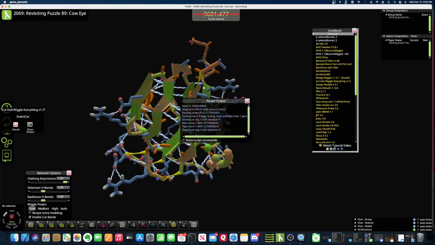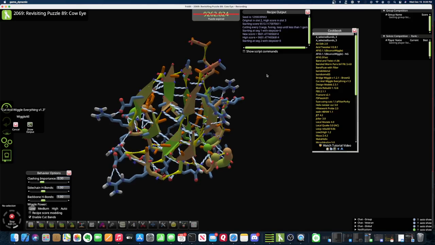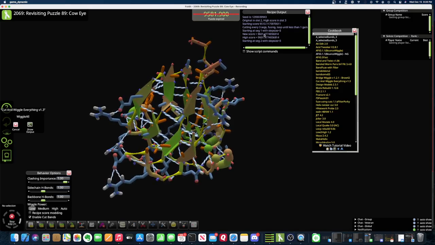Always look at the output of the recipe. Let's move that up here to keep it out of the way. What it did was show us this new score after it went through one sequence, and then the highest score that it's been able to achieve so far. Then it said, okay, now we're going to do it every 3, but skip 1 and then start here.